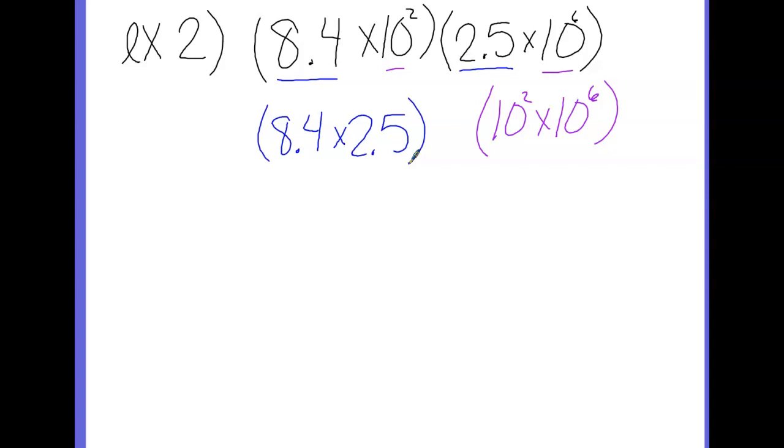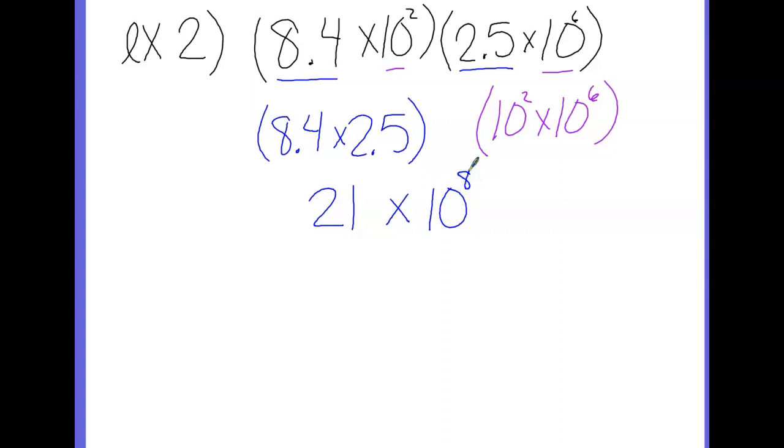So I can do the decimal part in my calculator. 8.4 times 2.5 is? Just 21. Okay, so 21 times, what do I do with my exponents? I add them, so I'd get 10 to the 8th.